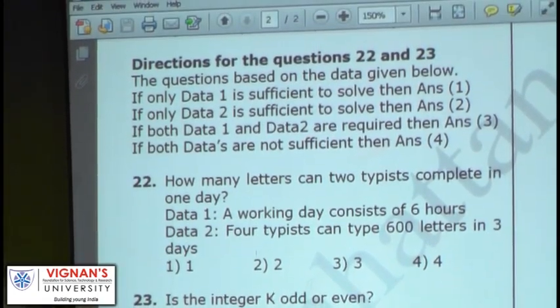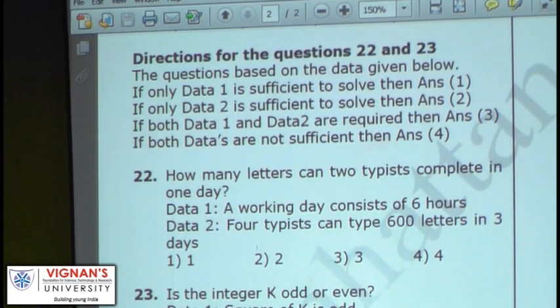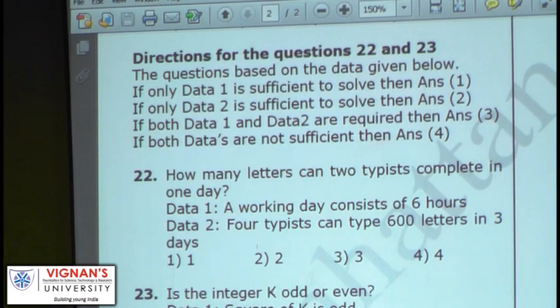How many letters can 2 typists complete in one day? Working day consists of 6 hours. Can we say? No. Second: 4 typists can type 600 letters in 3 days.